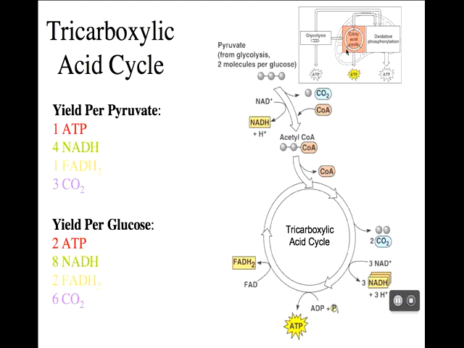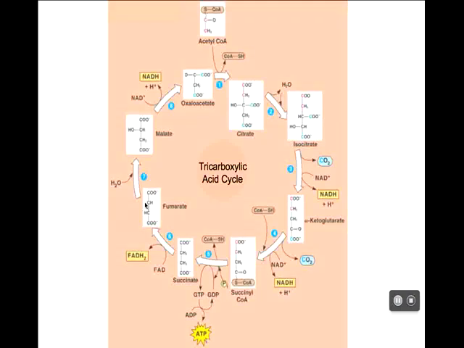Now, a moment ago, I showed you that glycolysis was actually a whole series of reactions that all happen together. The same is true for the tricarboxylic acid cycle. I want you to know it from this level that we just talked about, what's going in, what's coming out. But I do want you to be aware of the fact that the tricarboxylic acid cycle is actually a whole number of reactions, several enzymes, all functioning together in order to run this cycle.